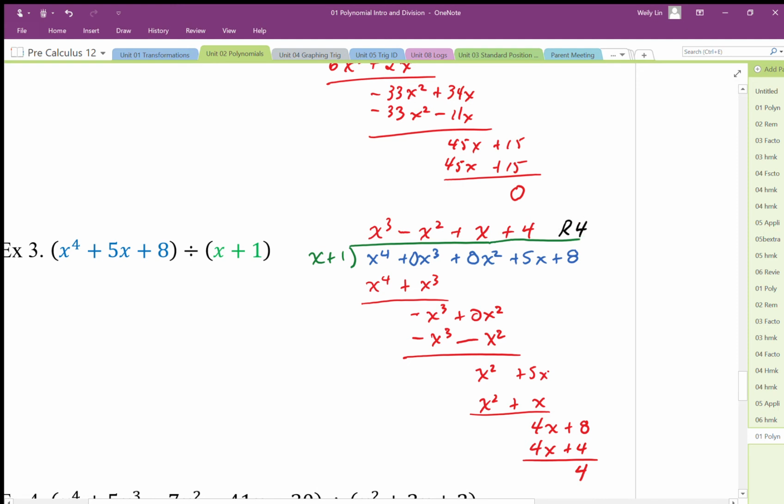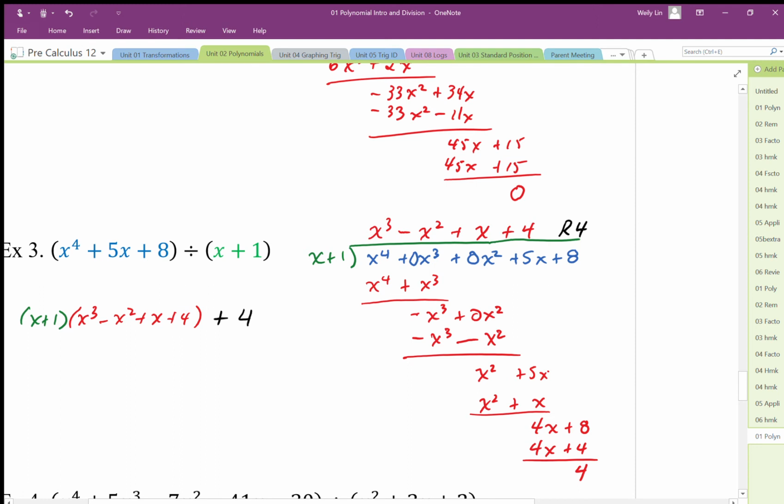Okay, now I really should practice writing the division statement. So this is really equal to x plus 1 times our quotient, which is x cubed minus x squared plus x plus 4, plus the remainder of 4.